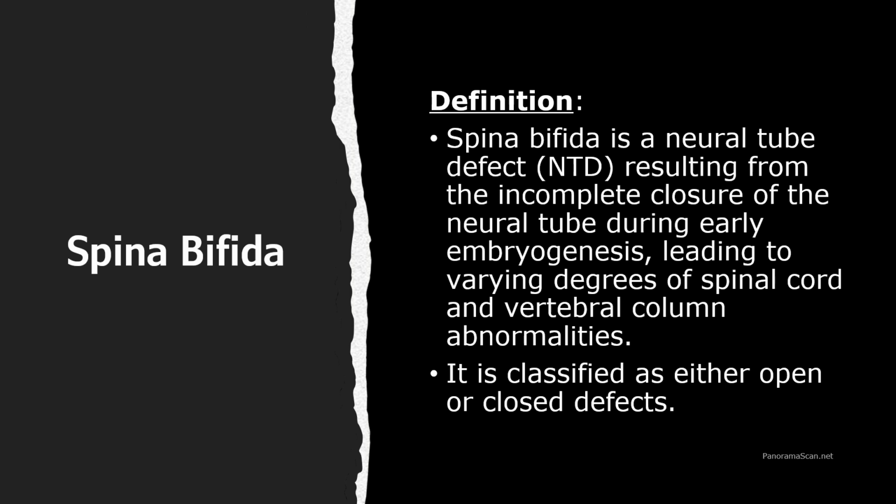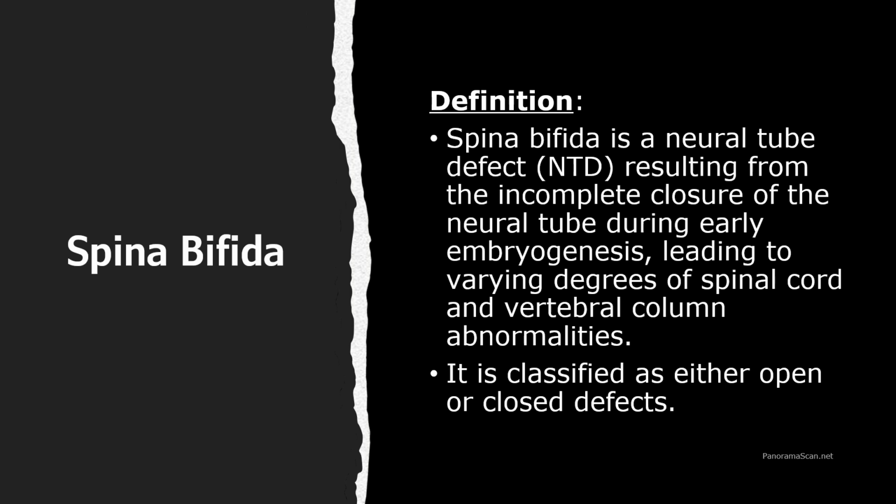Spina bifida can be categorized into two main types. The first type is open defects, and these involve a visible opening in the spine and spinal cord, such as myelomeningocele, where both the spinal cord and meninges protrude.